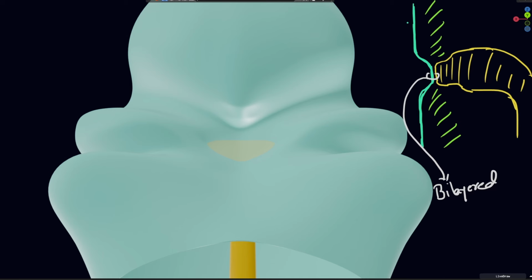Now in this diagram you can see that the ectoderm is not flat. At the site of the oropharyngeal membrane, the ectoderm is depressed inward like this.